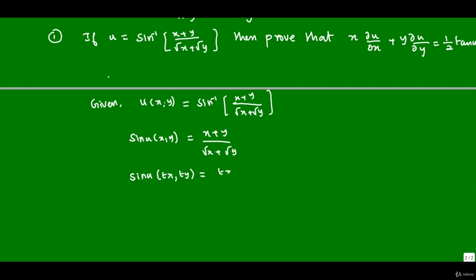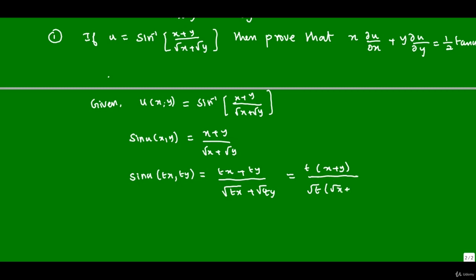So x is tx, y is ty, and the denominator is square root of tx plus square root of ty. In the numerator, take t common. In the denominator, take root t common.